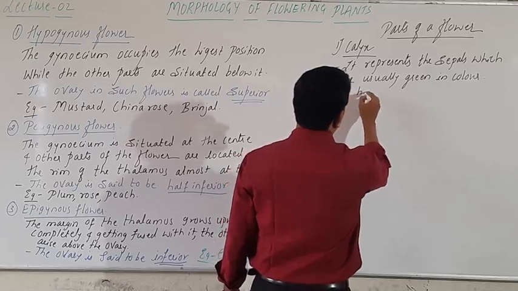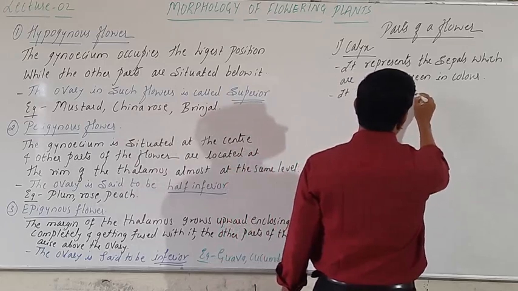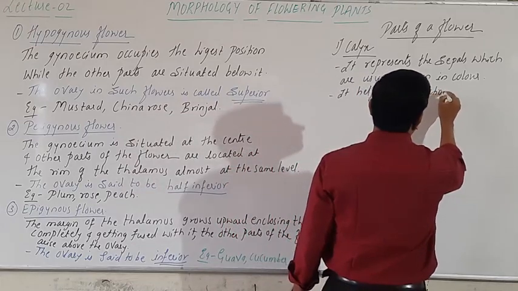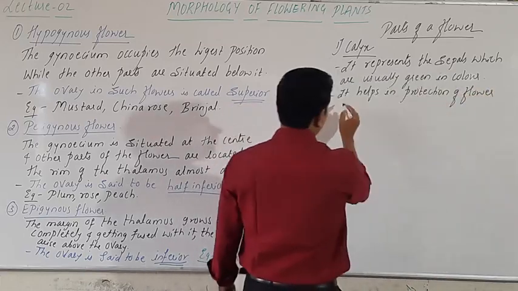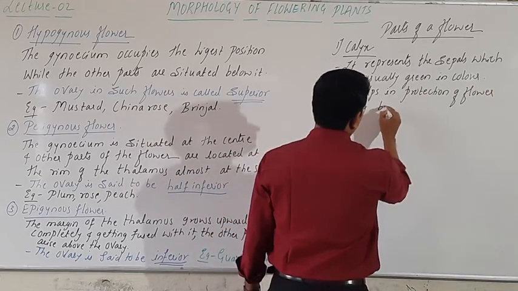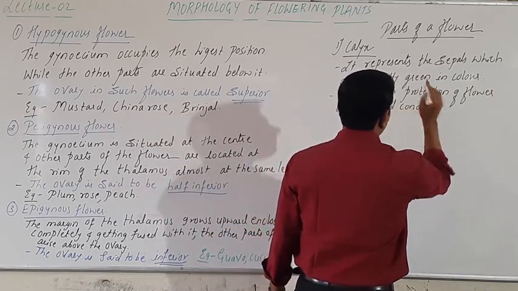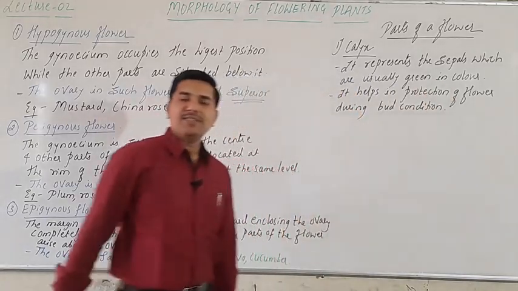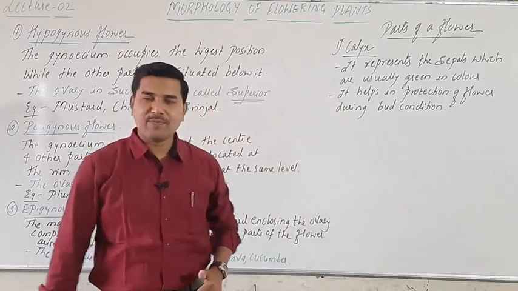So it helps in protection of the flower during bud condition, or when the flower is in the bud stage. Okay, so this is the major function of the calyx.